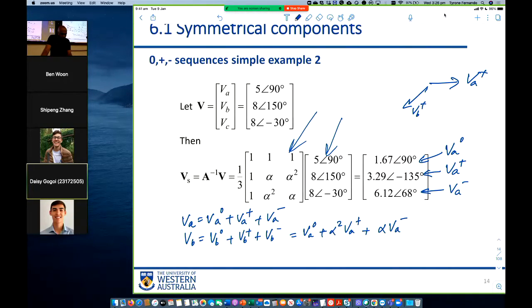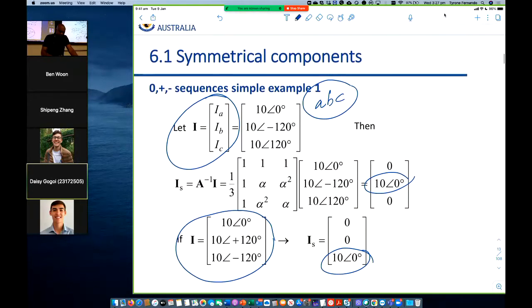The first value here is the zero sequence component, here is the positive sequence component, and here is the negative sequence component. As expected, we now have all the components present, compared to the earlier case where some sequence components were 0 because the phase voltages were balanced.